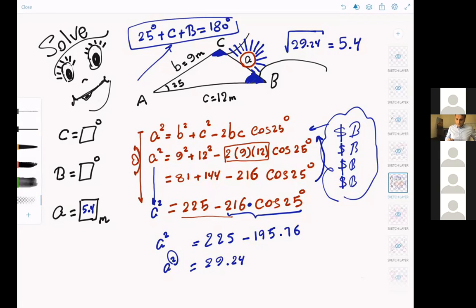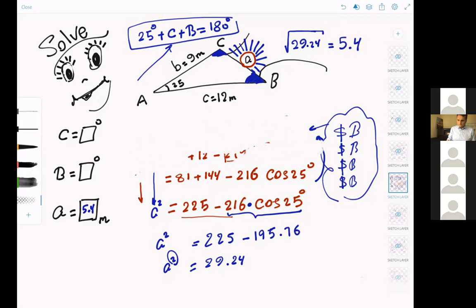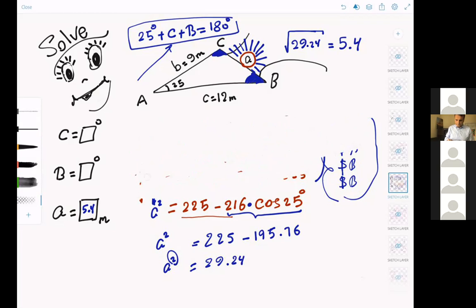Edison said law of sine. Law of cosine might work, but we don't want to go to that ugly, complicated formula. Law of sine is easier to work with.